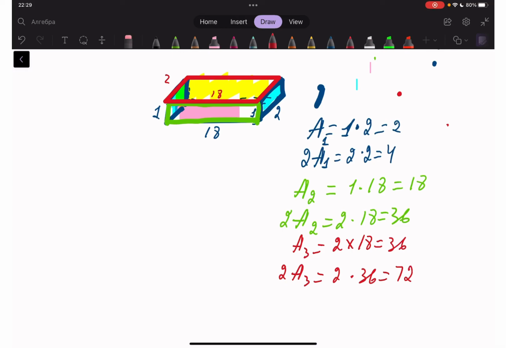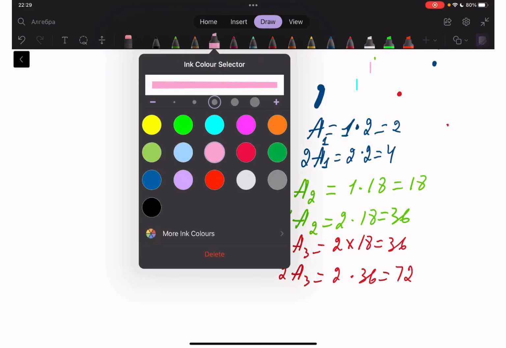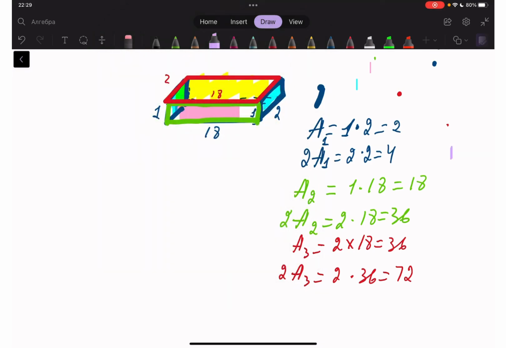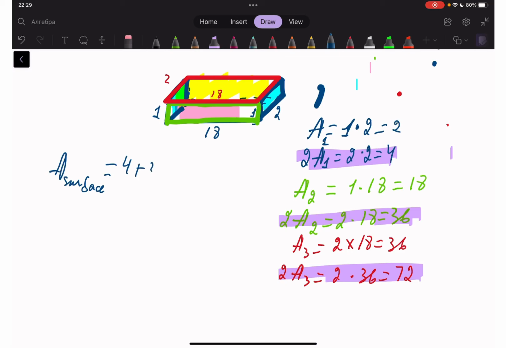Now, we're going to add all these. This one, two of them. This one, two of them, right? And this one, two of them. So let's add. The area of surface is equal 4 plus 36 plus 72. 4 plus 36 is 40 plus 72, 112, yeah?